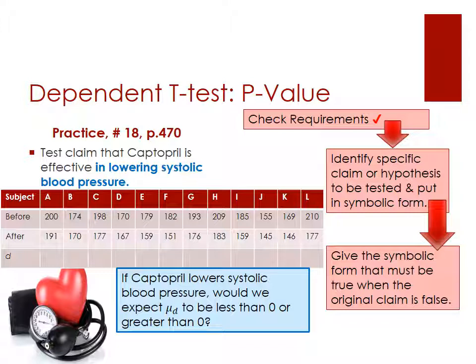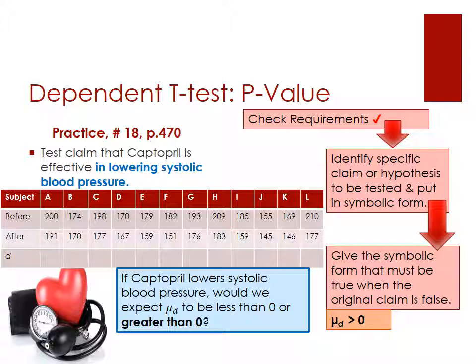If the before values were consistently higher than the after measurements, would mu D be less than 0, as in a negative value, or greater than 0? Well, it's going to be greater than 0, so they would be coming up with a larger amount.